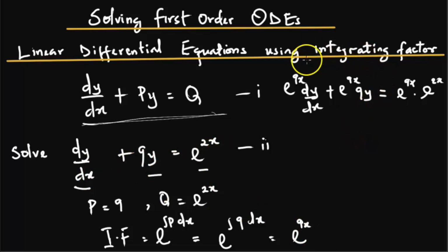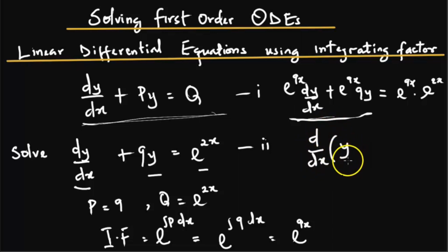Now, the left hand side of this equation will always be d/dx of y times the integrating factor e^(9x). So when I differentiate this, I'm going to get this.